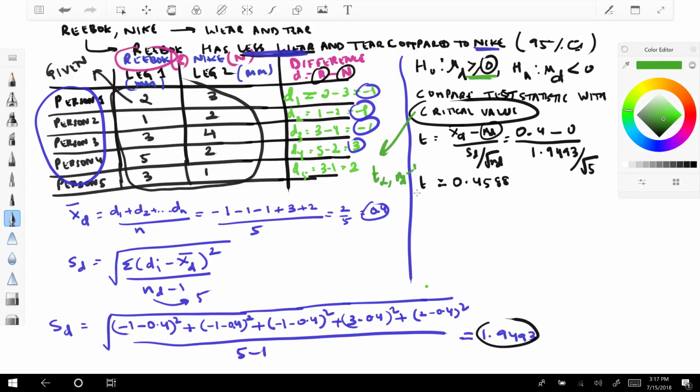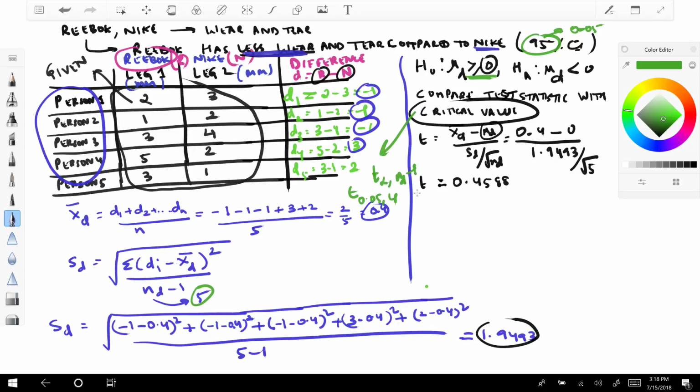We have 95% confidence interval, so alpha would be 0.05, and so that is T 0.05, and ND is 5 minus 1 is 4. So we have to look in our T stat table for the value T 0.05 and 4.